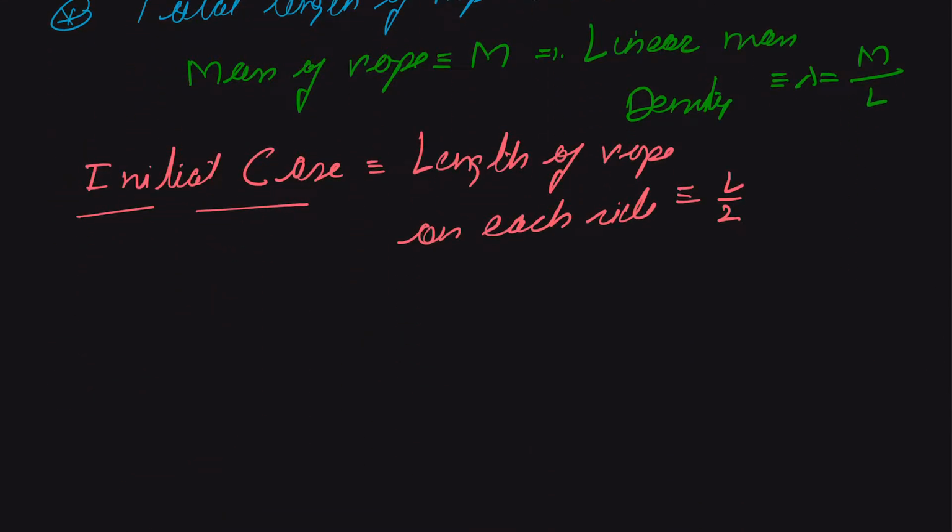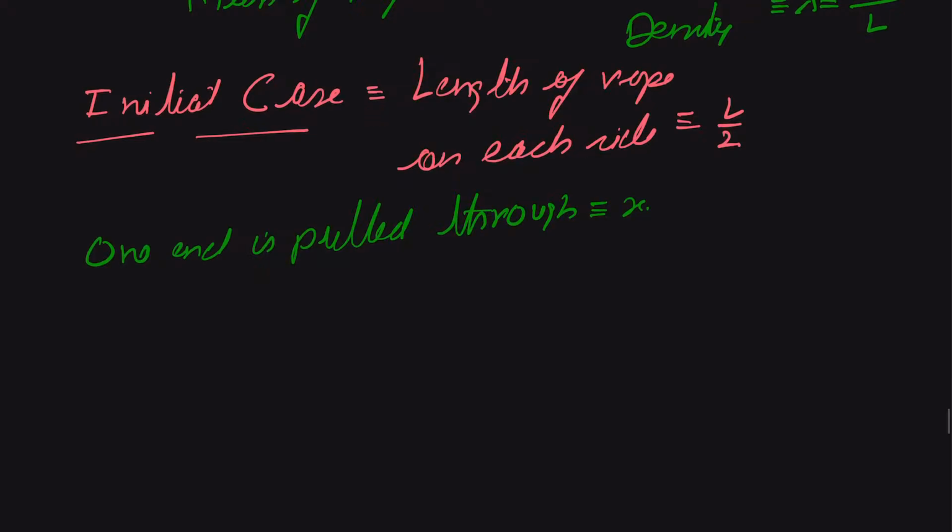So, we are given that one end is pulled through x, and let us assume that is our left end.